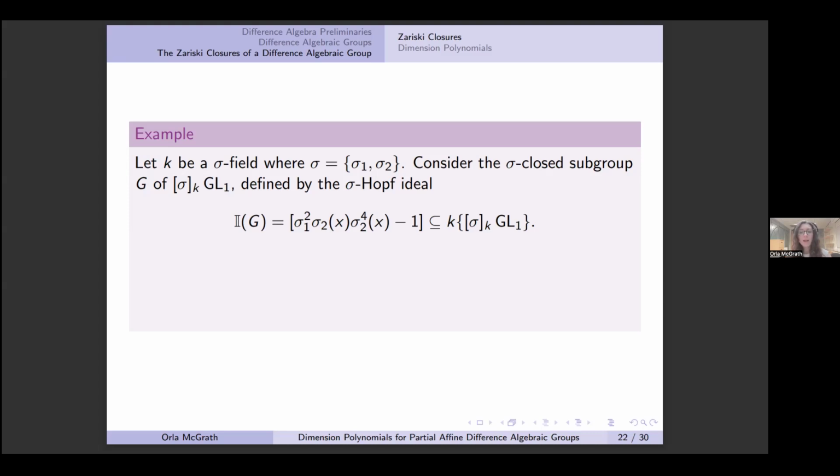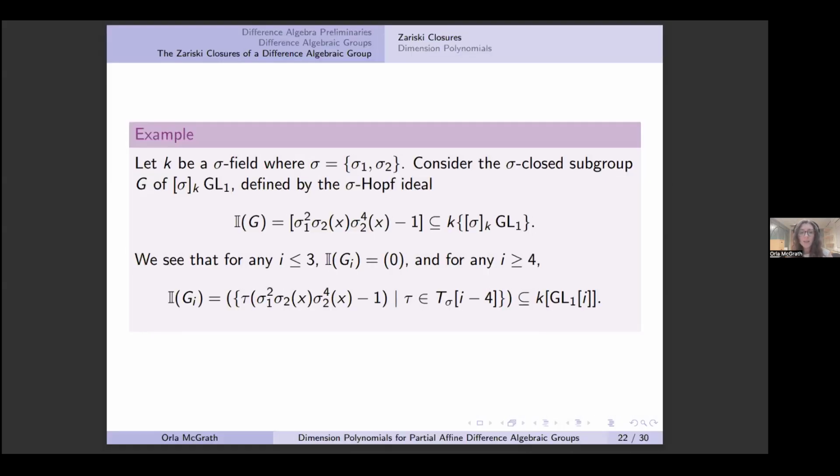But for anything greater than 4, we're going to have not just this polynomial, but every allowed transform of it. So for any I less than or equal to 3, when we look at the polynomials in IG up to that order, we're just going to get nothing.